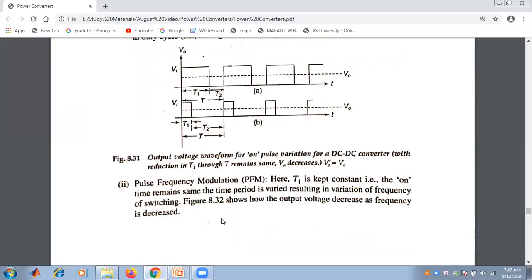In order to vary the frequency of switching, we have to keep the on time T1 constant and vary the total time period T, because F is equal to 1 by T. So if I vary the total time period, the variation of the frequency will be obtained for the switching.